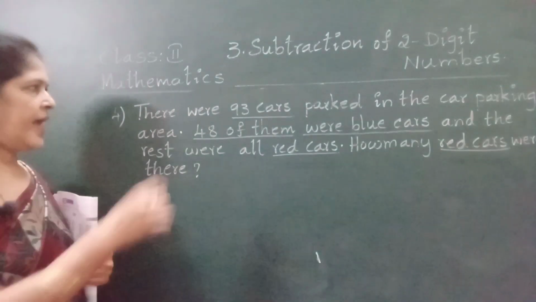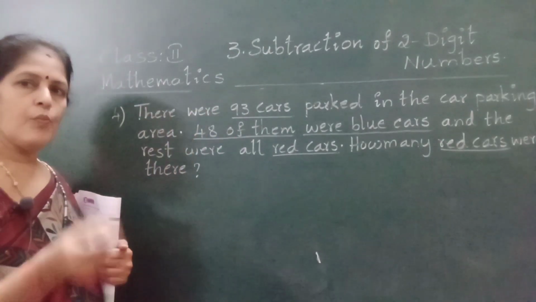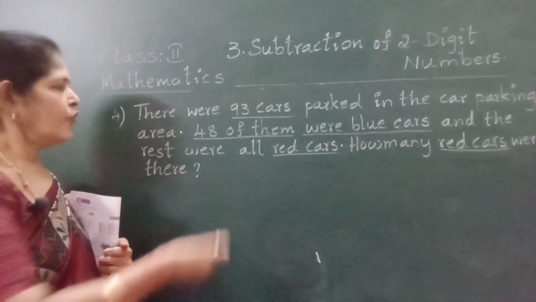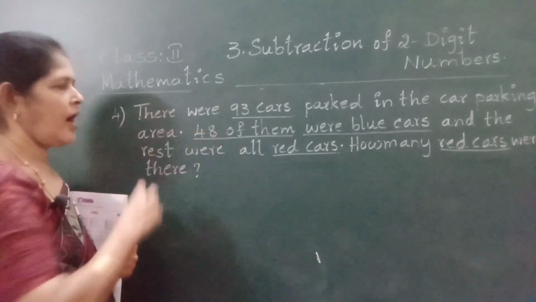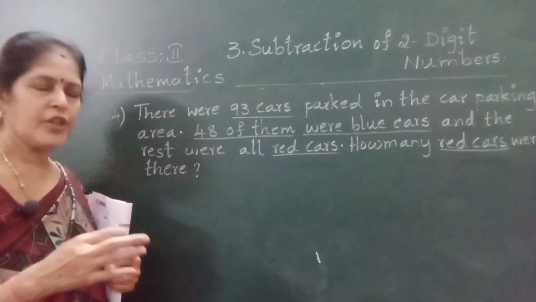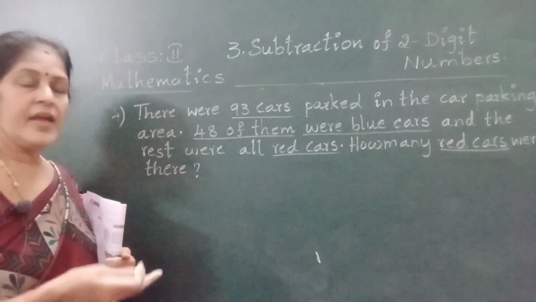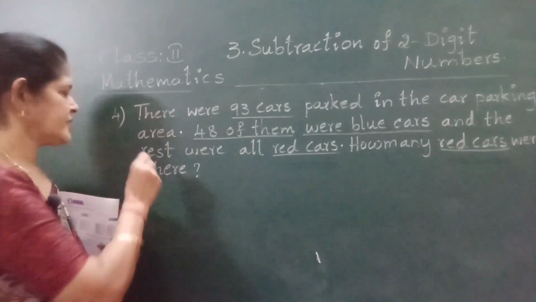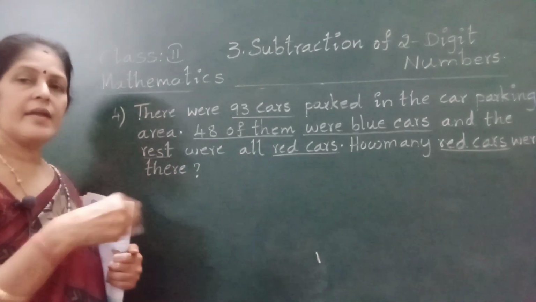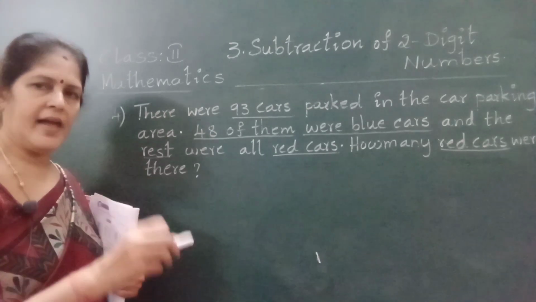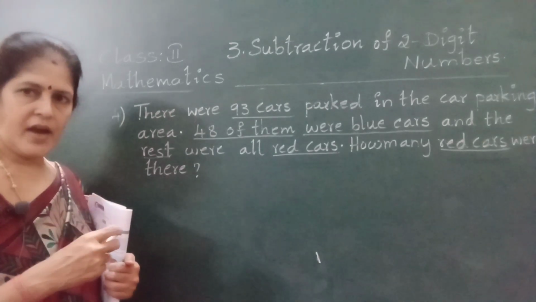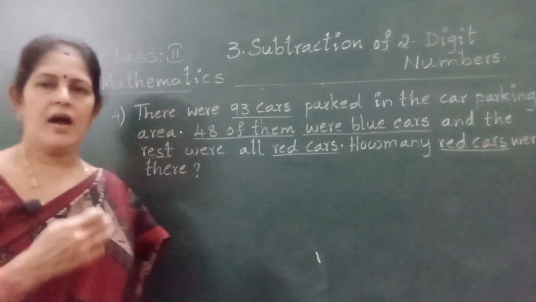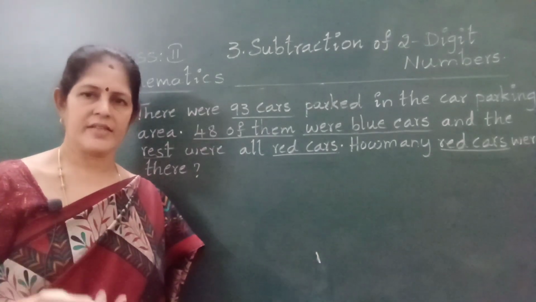That means 93 cars means blue and red. We know the number of blue cars, but we don't know the number of red cars. Rest were all red cars. Rest means remaining cars are red color. Here we find out the number of red cars. Here we get the answer by subtraction.